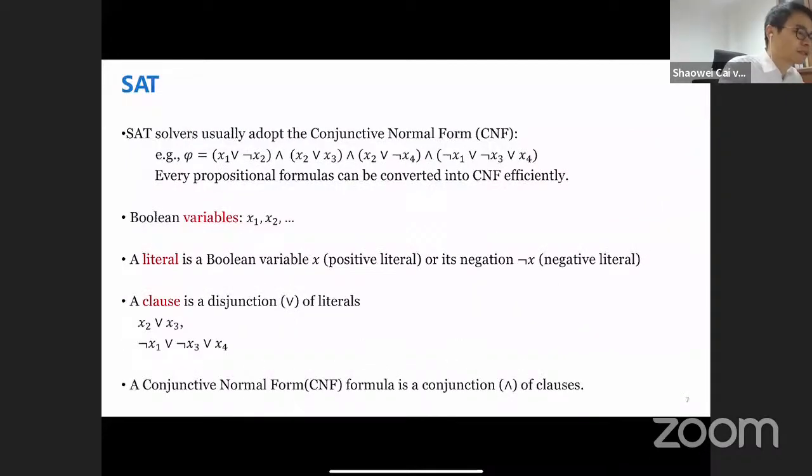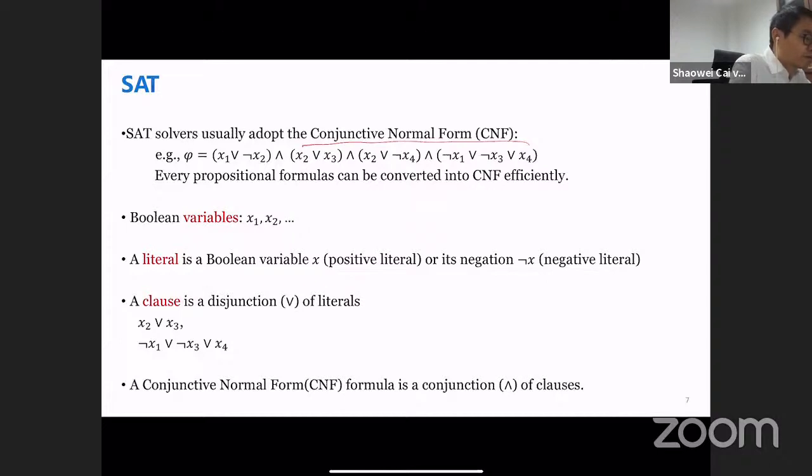Now we see some basic concepts in the SAT problem. The SAT solvers usually adopt the CNF form, conjunctive normal form here. So this is a small example. And we have Boolean variables, x1, x2 to xn. And then we can define literal, which is a variable or its negation. And then we can define clause.